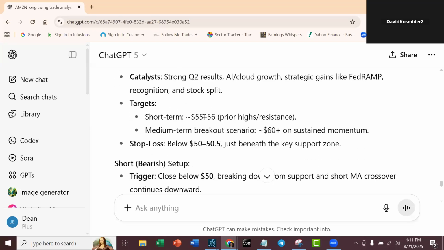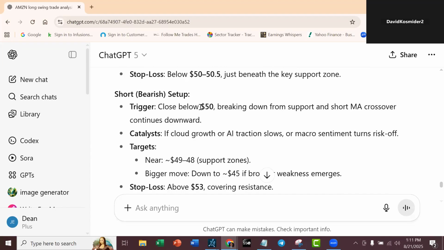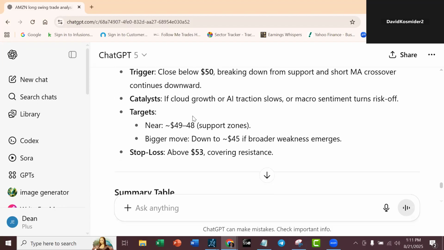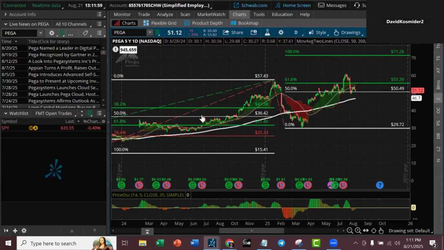Target 55. So that's not very much, right? That's $2 on a $50 stock, 5%. Bearish, trigger below 50, target 49 to 48. So that's not very good either, is it? So just based on my analysis, if anything, it's probably going down.